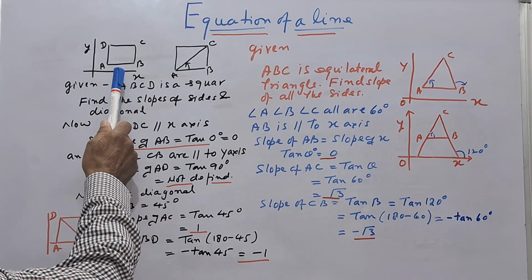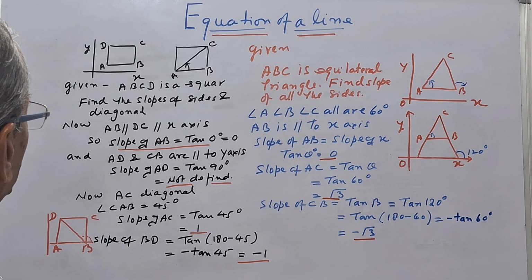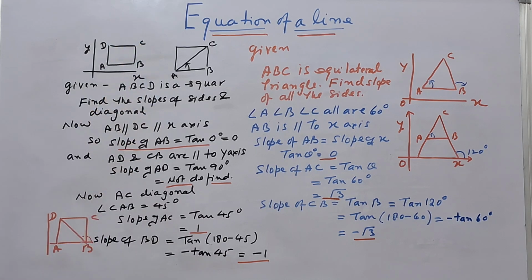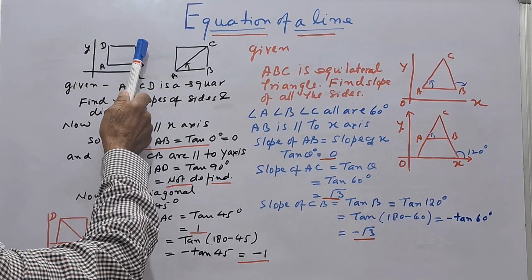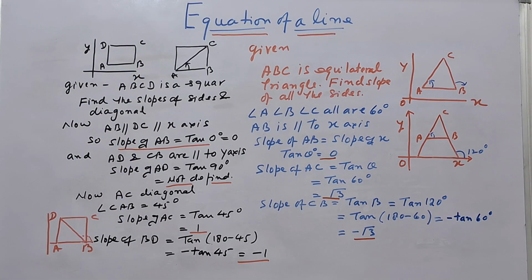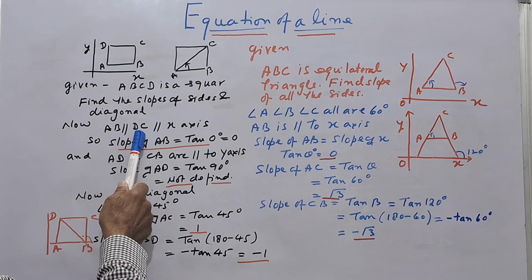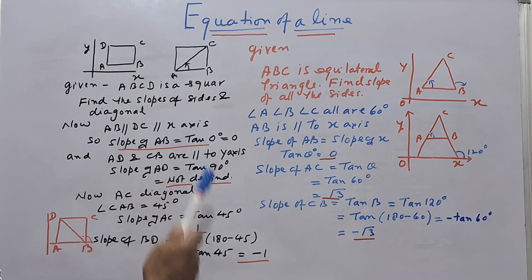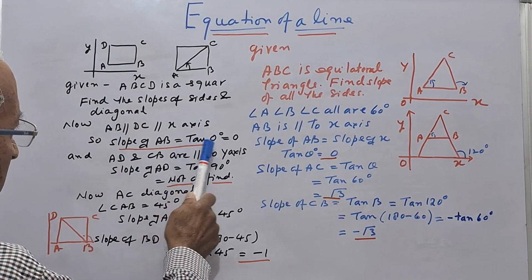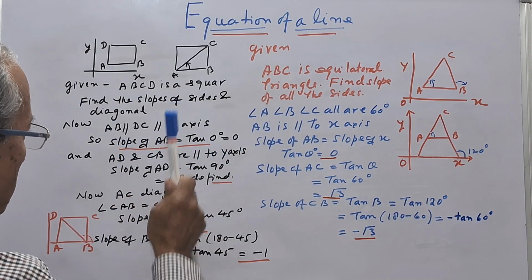Here AB is parallel to DC, and both sides are parallel to the x-axis. We know for lines parallel to the x-axis the angle is 0. So the slope of AB and DC is equal to 0.